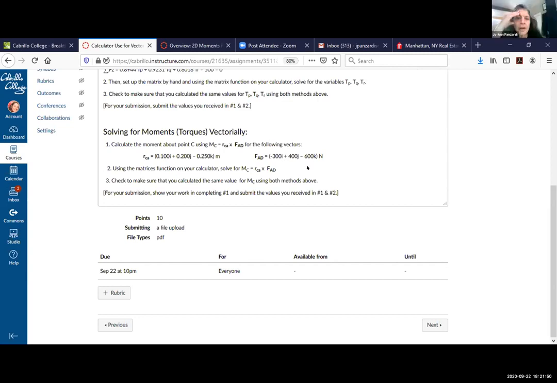I'm trying to figure out how to say it, because you're not just using the determinant. You first have to put the R vector into your calculator, then the F vector, then you insert the 2x2 matrix, and then you use the determinant. So I don't want to say you're just using the determinant.